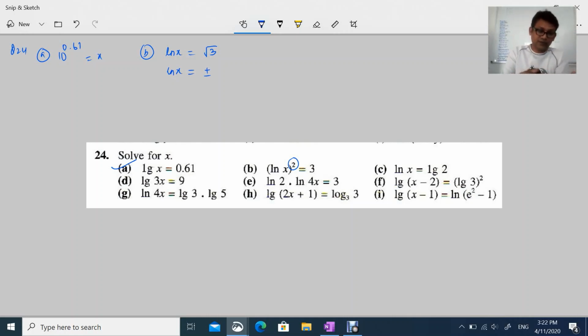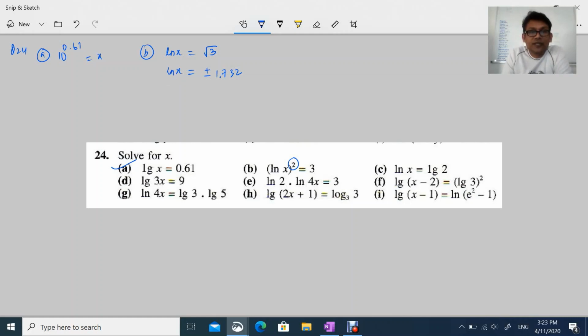Root 3 is 1.732, but this plus minus is very important. I cannot ignore it, because we have 2 answers. When in the question the root is already given, then you always have to consider positive. I always discuss this with my students.